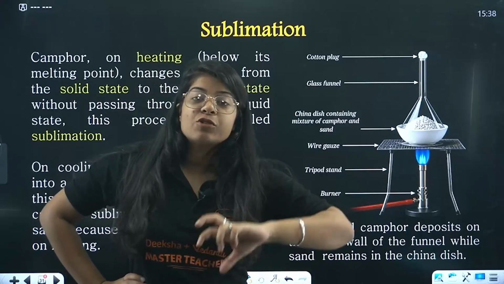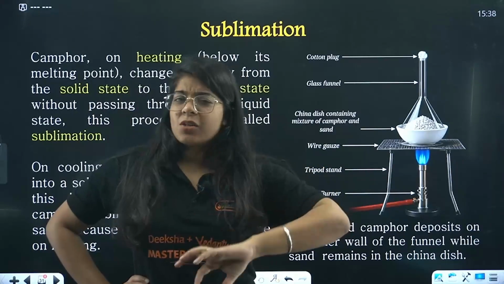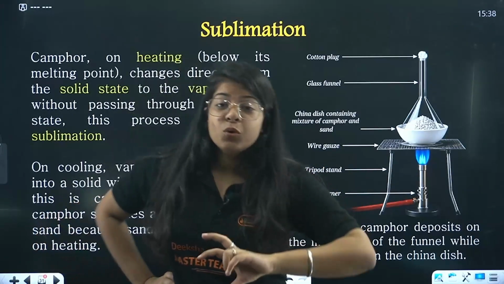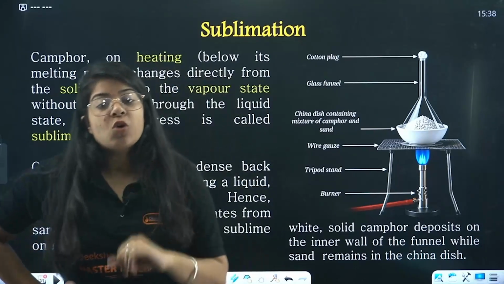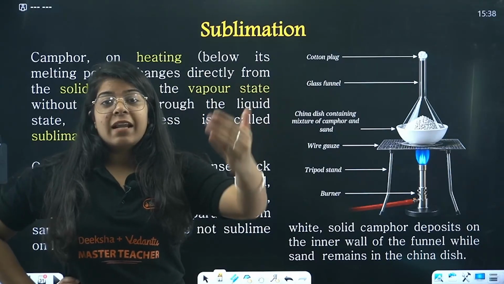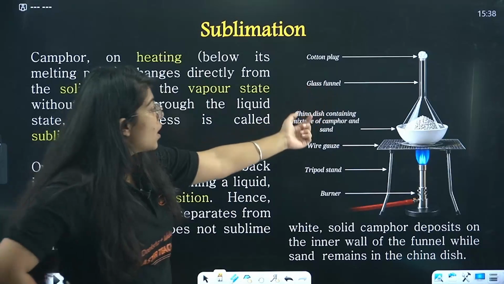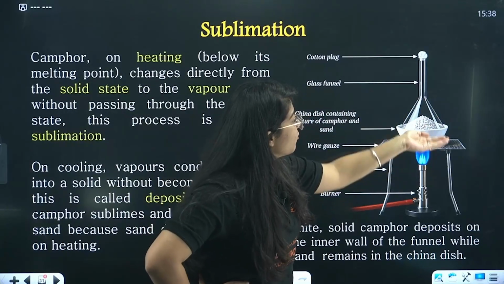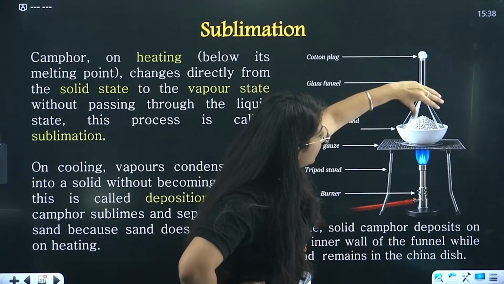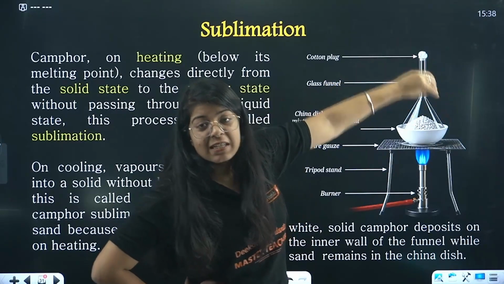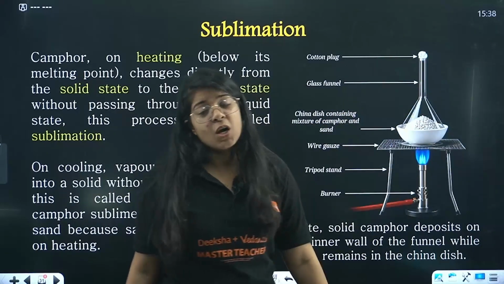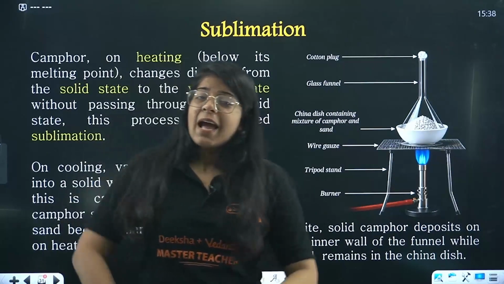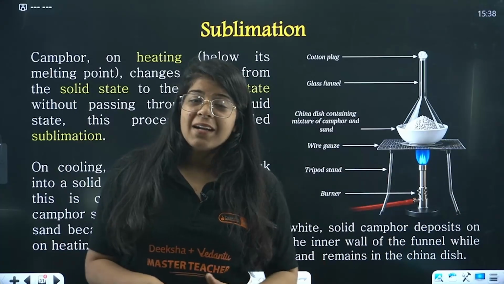It directly goes from solid to gas, solid to vapors. So the vapors of this camphor will start to accumulate on the walls of this glass, and then you separate it, all the sand is there, all the camphor is on the walls of this container, and you have separated camphor and sand.